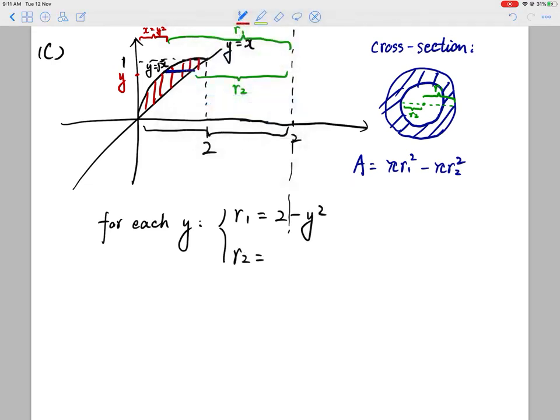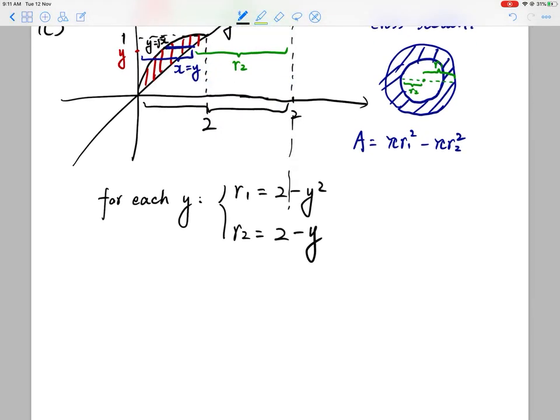How long is this? Y is given, this part is x, because this point is along y equals x. So R2 is 2 minus x, and x equals y, so it's 2 minus y.